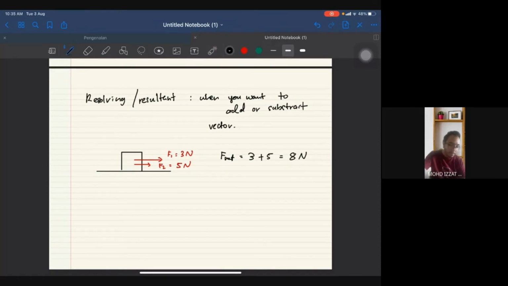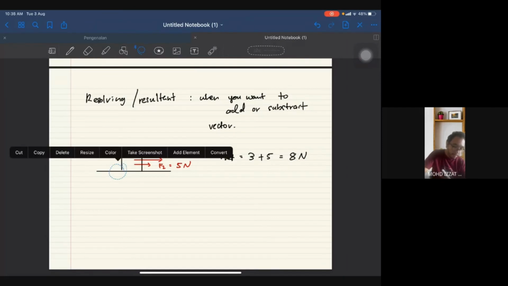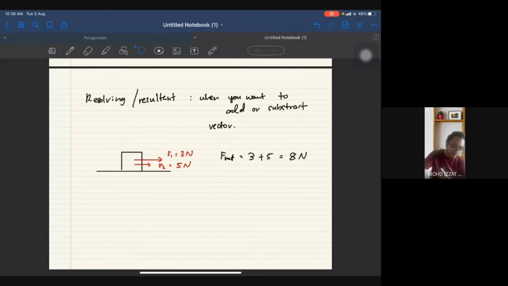Okay, kita kena resolve bila let's say I have the same box. Okay. But now my force is in this direction and in this direction. So this one is still my 5 Newton F2, but the difference now my F1 is in that direction. Okay.